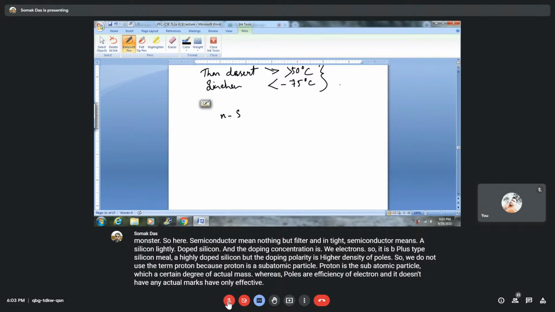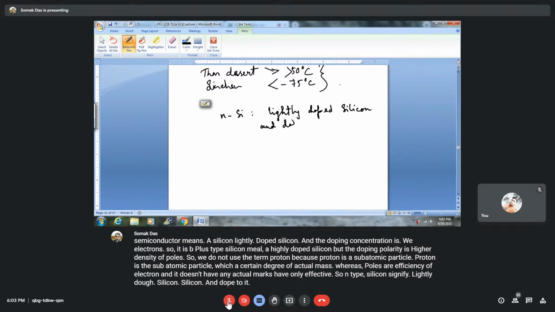So N-type silicon signifies lightly doped silicon doped with extra electrons.